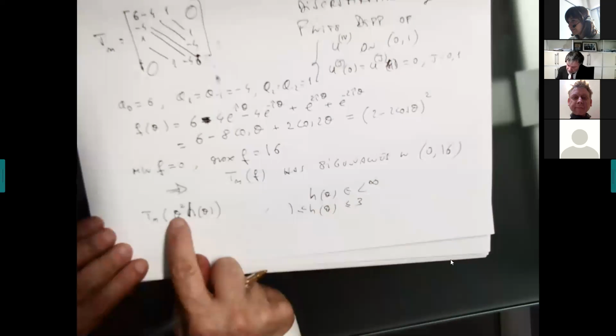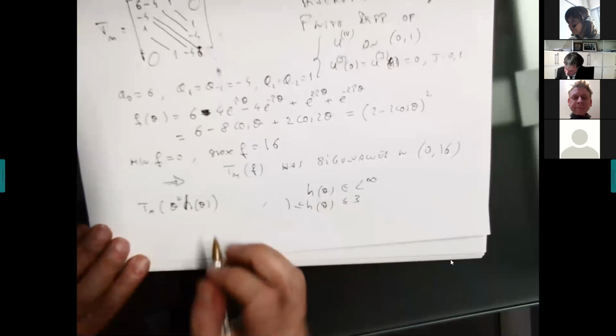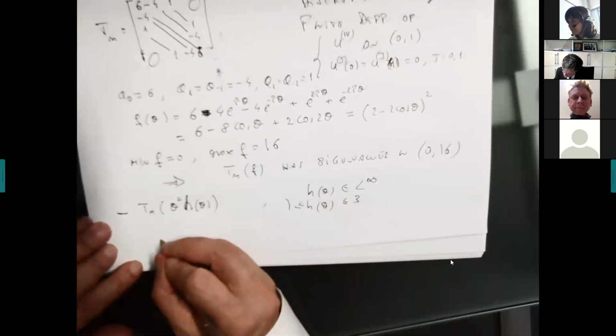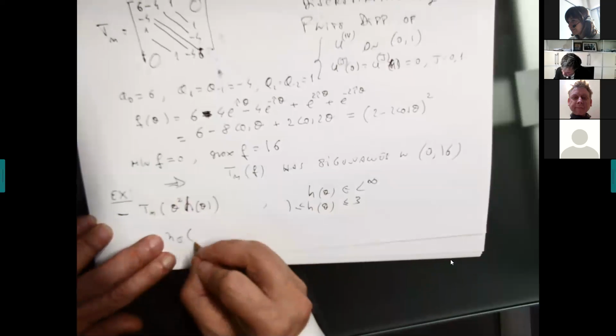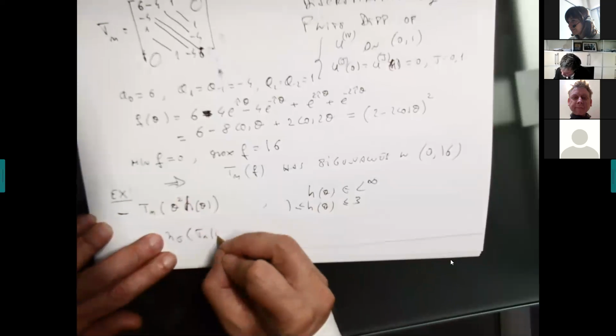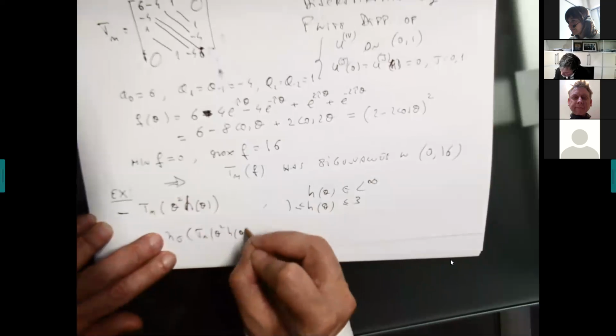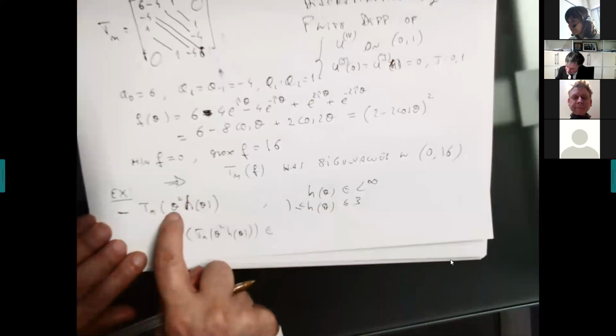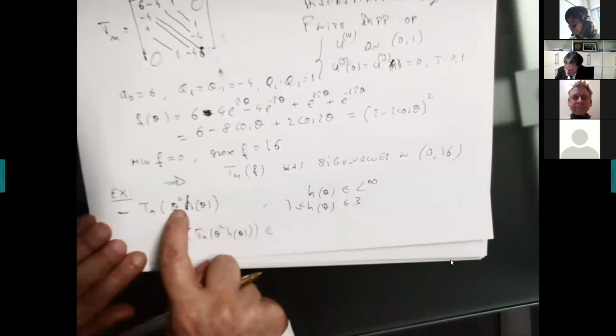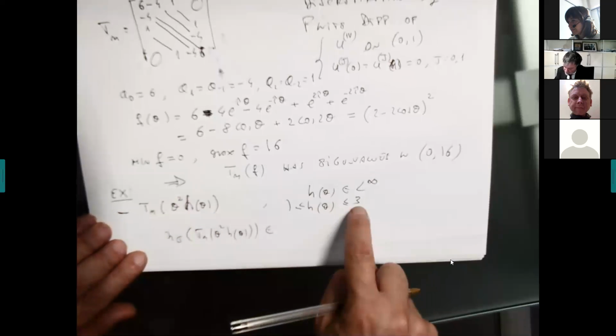Then automatically you know that the lambda j of this Tn of theta square h of theta, so this is another example, are between the minimum, which is 0, and the maximum, which is pi square times 3, at most.